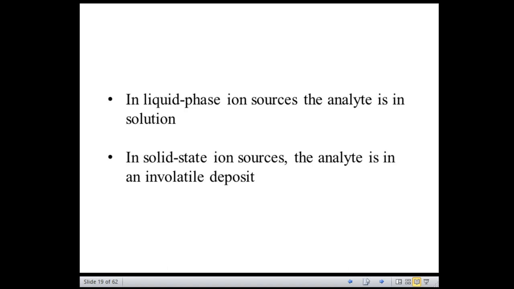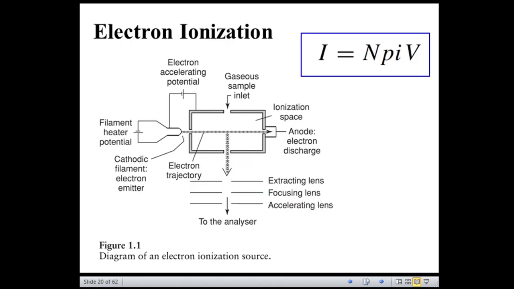Then they are focused into the mass spectrometer. And in solid state, we have the matrix, either a solid or a viscous fluid, irradiated with energetic particles or photons, and the ions near the surface of the deposit are extracted by an electric field. Then they are focused towards the analyzer.